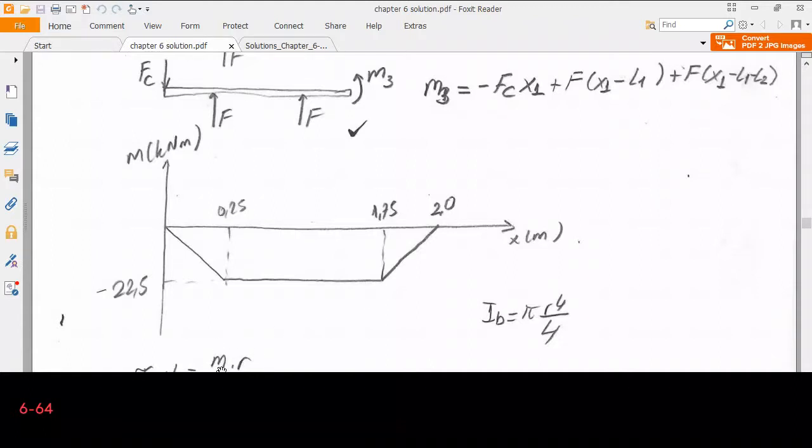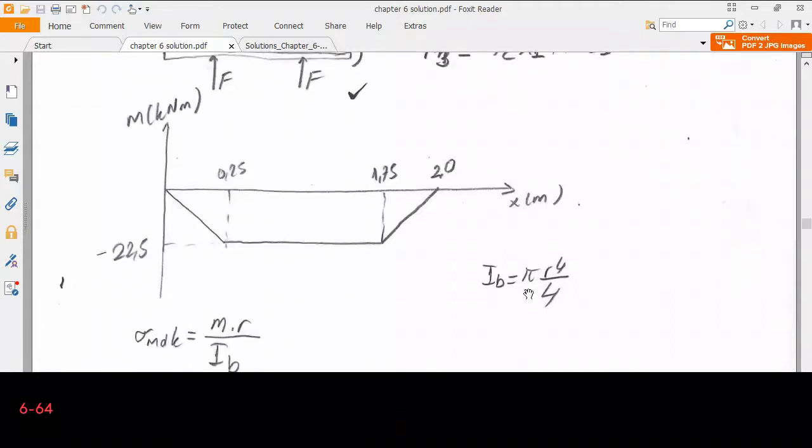So M multiplied by the radius divided by the moment of inertia will give me the maximum stress. In fact, the moment of inertia for a circle is pi r to the power 4 divided by 4, where r is the radius.